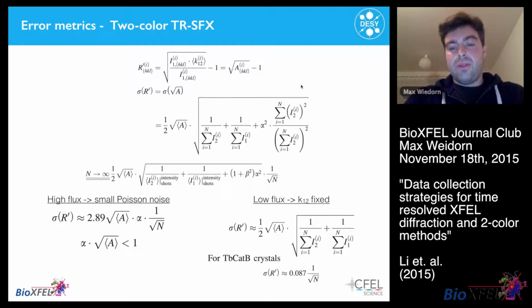And then the second approach that one can do to do two-color or two-color-ish experiments is split and delay, where you can really well characterize the energy difference or the intensity difference, because you take a fixed amount of your beam and put it on the delay path.